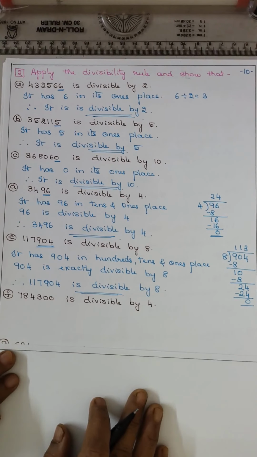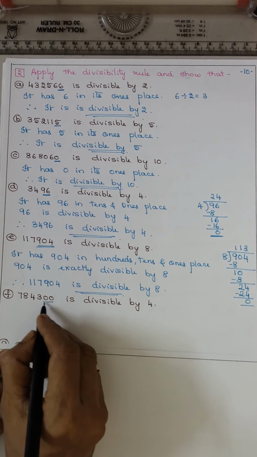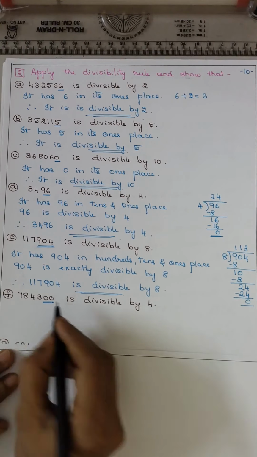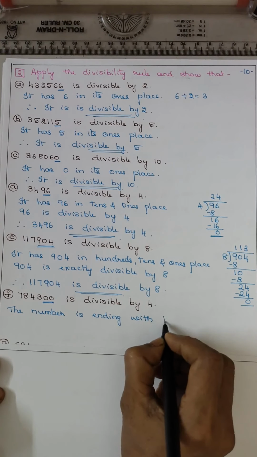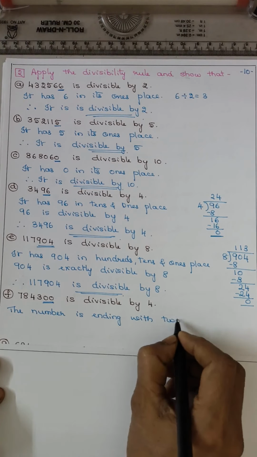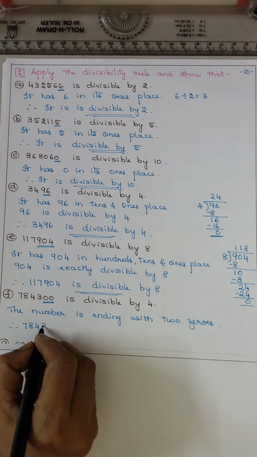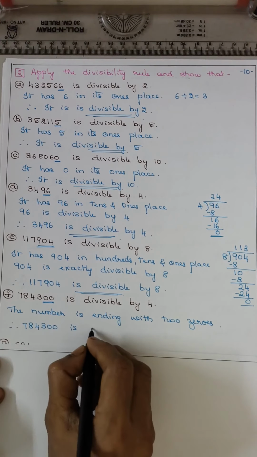Now again divisible by 4. The number is ending with 0, so we use that rule. So the number is ending with 2 zeros. Therefore 784300 is divisible by 4.